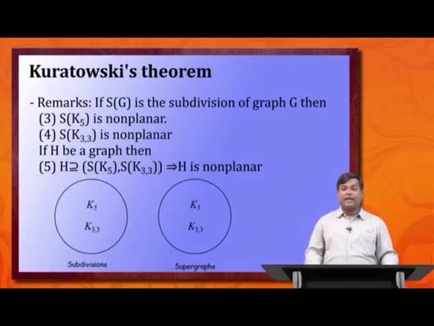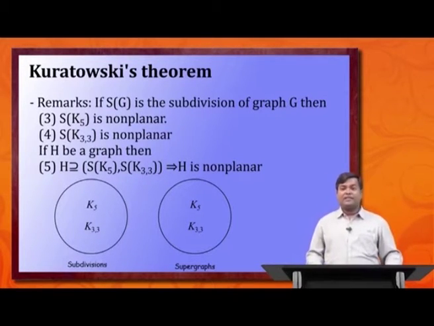And one more interesting point is in the left hand side, since K5 and K33 are subdivisions of themselves, they are also part of this entire Venn diagram. Similarly, since K5 and K33 are supersets of themselves, we have also included K5 and K33 in the right hand circle.